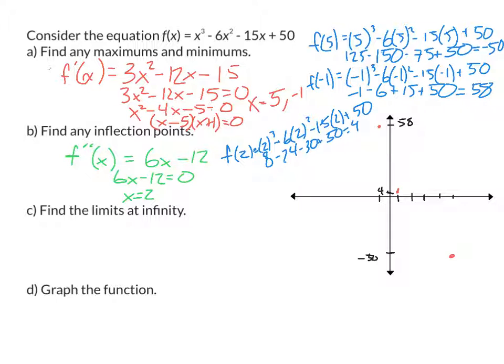Let's also find the limits at infinity. So the limit of our function as we approach infinity, well, if we divide everything by x cubed, we'll have 1 minus 6 over x minus 15 over x squared plus 50 over x cubed.